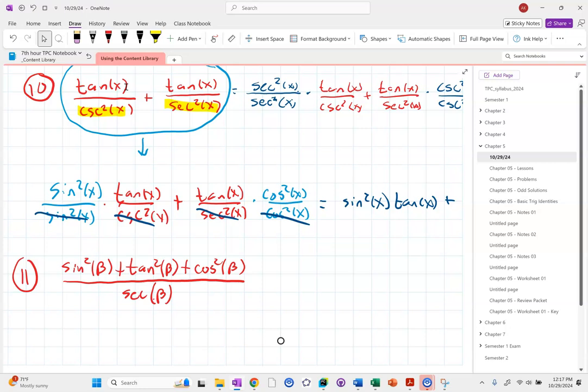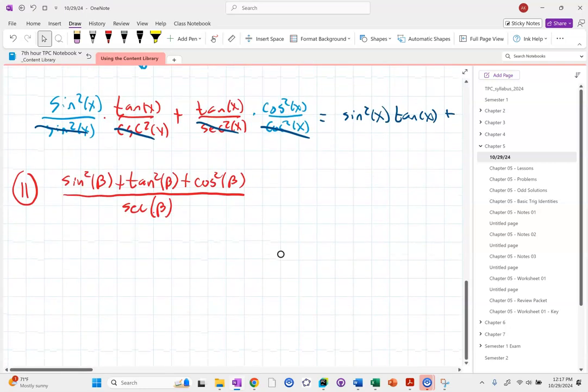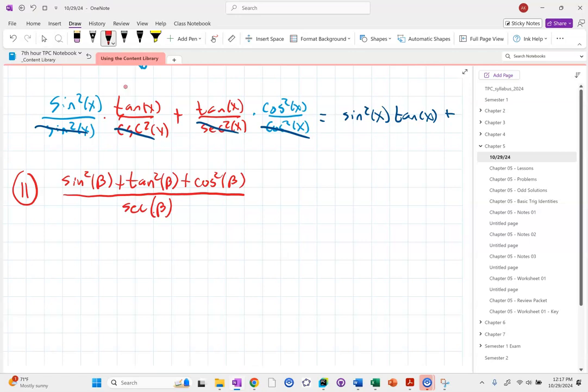All right, identity or algebra? What are you thinking here? Good. What identity are you thinking? Yes. What are you using? Sine squared plus cosine squared needs to be 1.